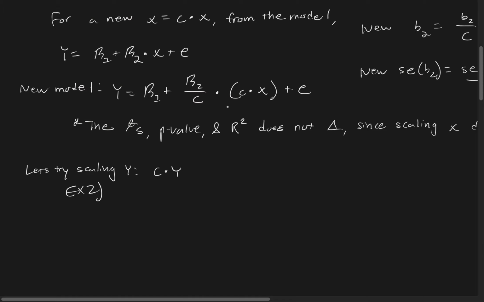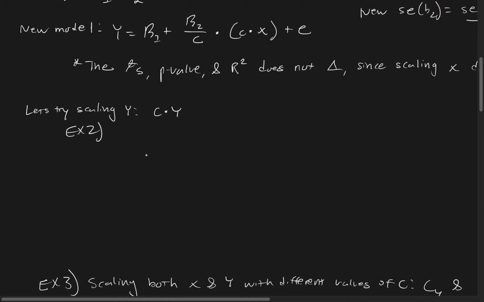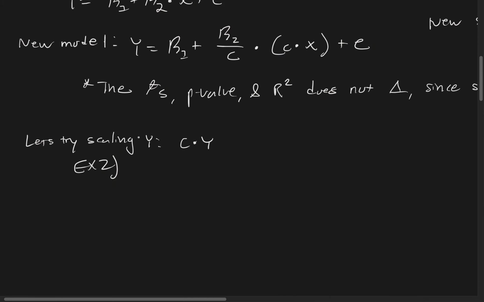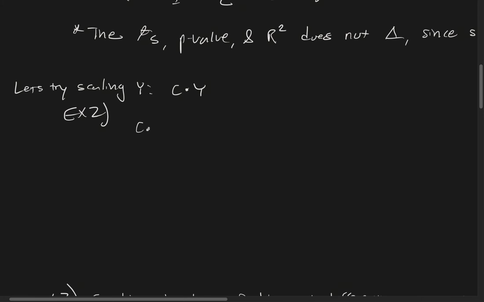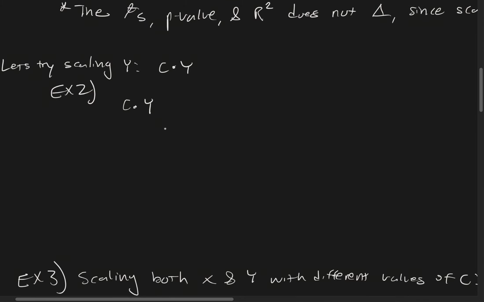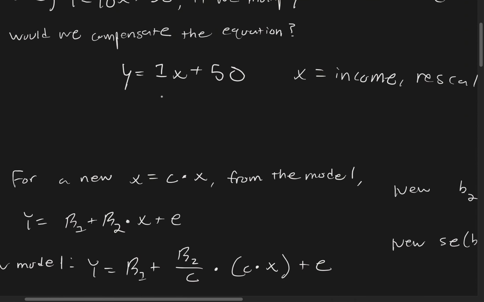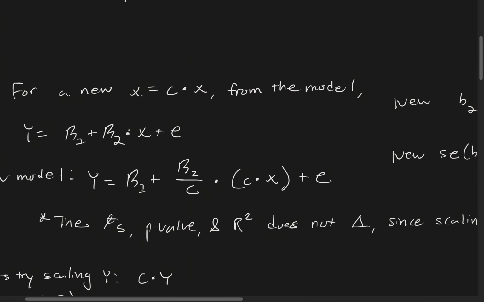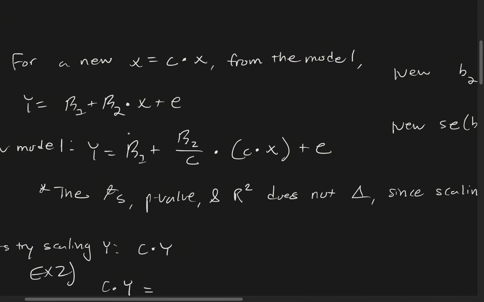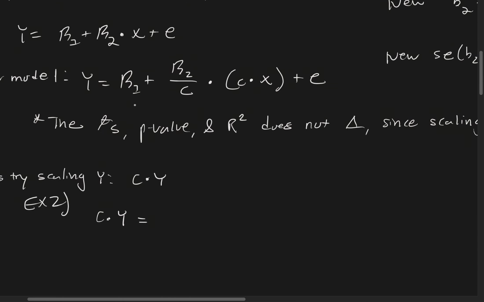Okay, so for the second example, let's try to scale y instead of x. And so when we do that, we'll write that as multiplying y by the constant. And then if we do that, because y represents the entire function, we're actually going to have to multiply every variable here by this same constant.